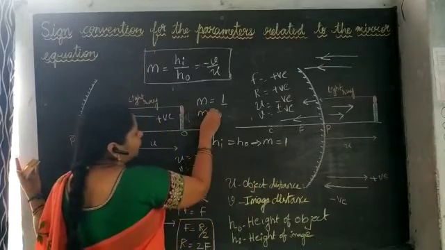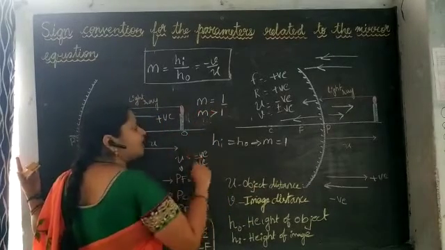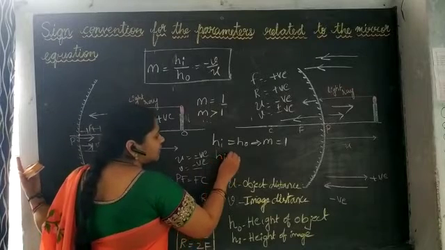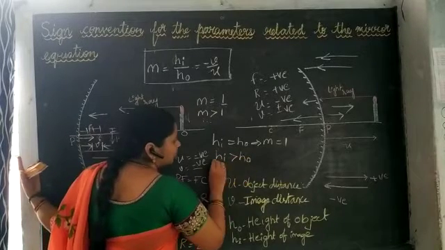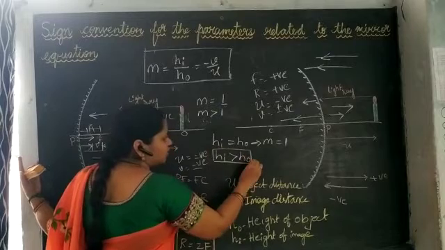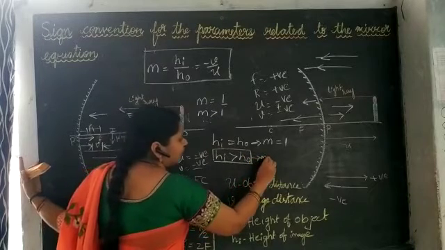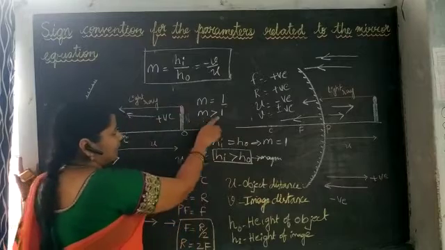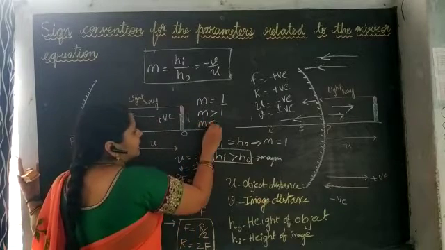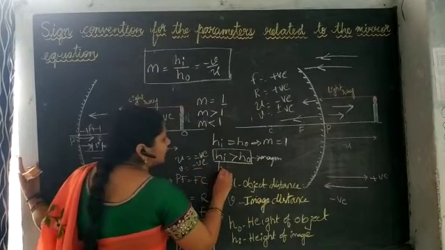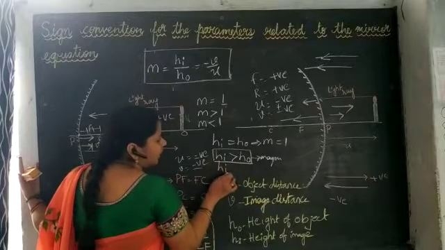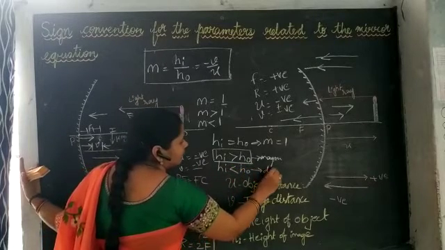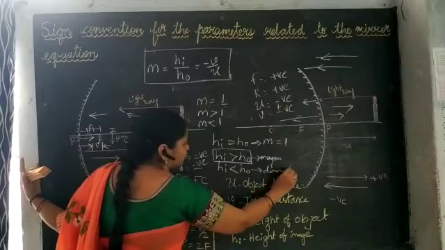In another condition, if m is greater than 1, it means height of image is greater than height of object. So this refers to a magnified image. If m is less than 1, then height of image is less than height of object, and we get a diminished image.